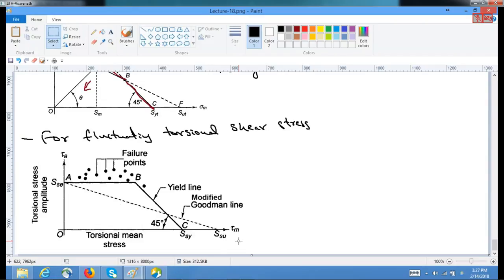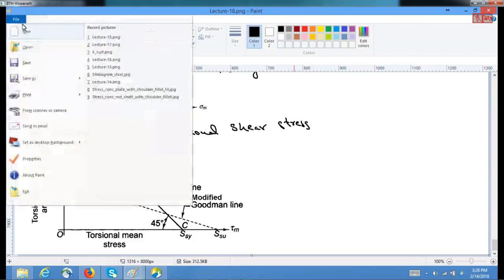Sometimes, in these cases, you have separate axial loading, separate bending loading, or separate torsional loading, but in certain scenarios all three loadings will be acting simultaneously. In those cases we have to deal with something called combined stresses. In the combined stresses, we have to define what would be our mean stress and the amplitude.